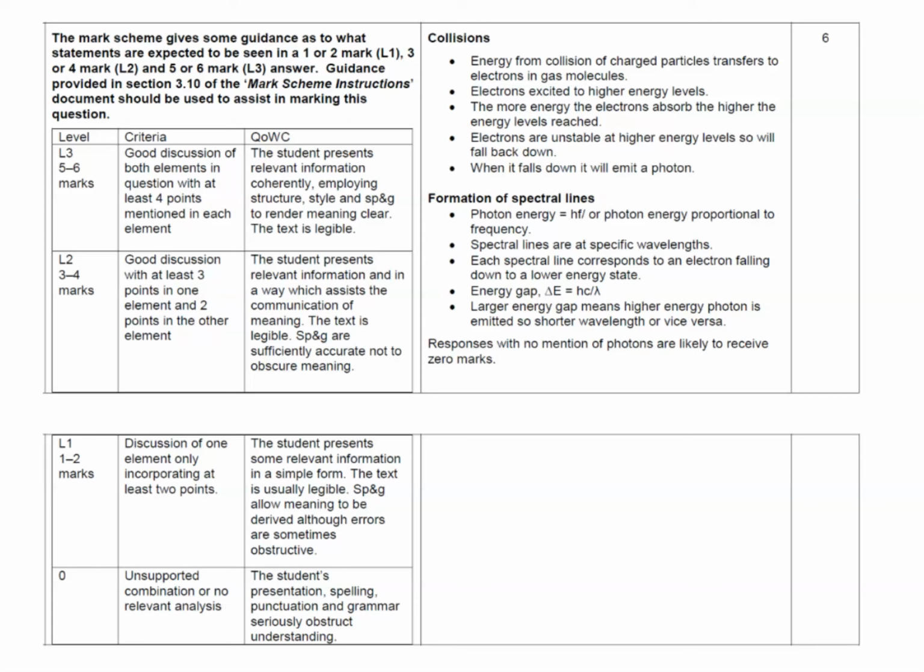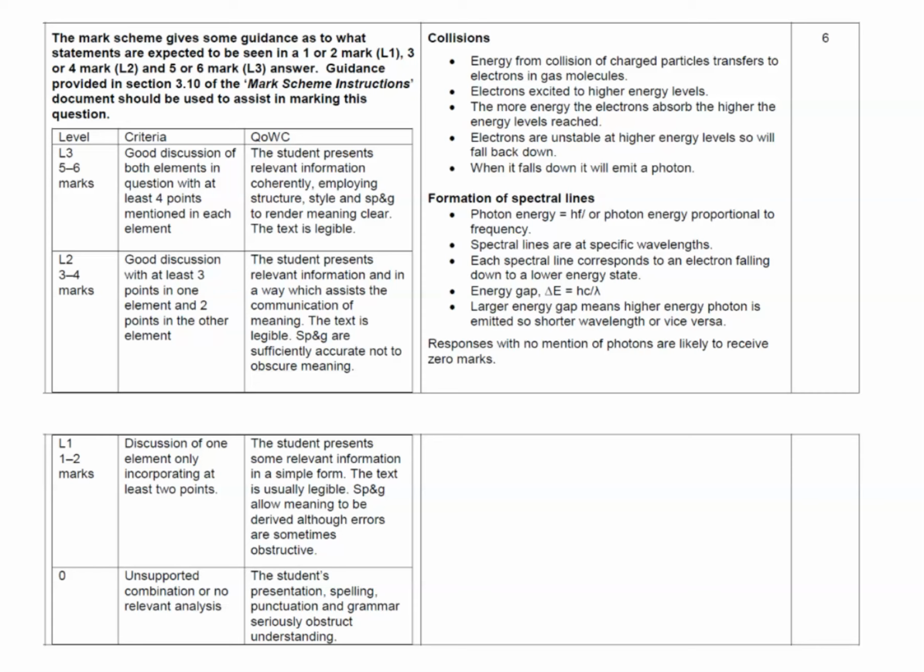A surprisingly large number of people actually stated that the wrong way around, that wavelength is proportional to frequency, which again is wrong, or wavelength is proportional to energy, which again is wrong. Obviously through c equals f lambda, there's an inverse relationship. If you got that wrong, that might have tended to mark your answer down slightly.